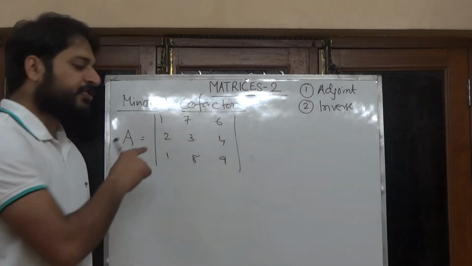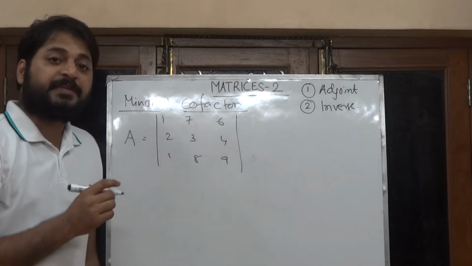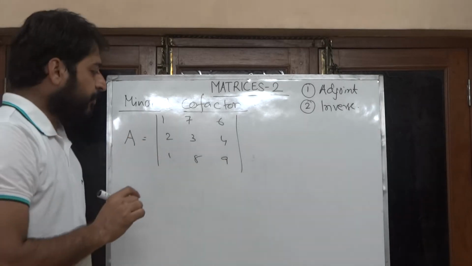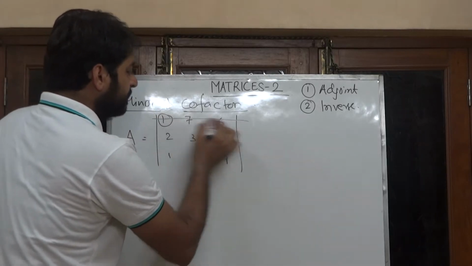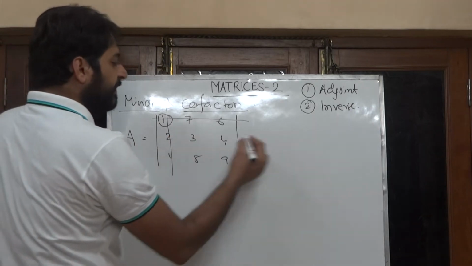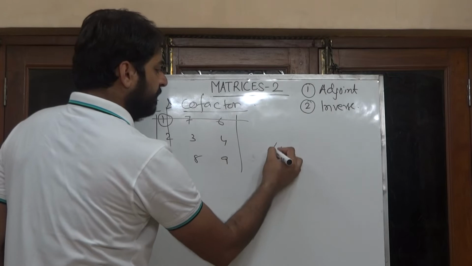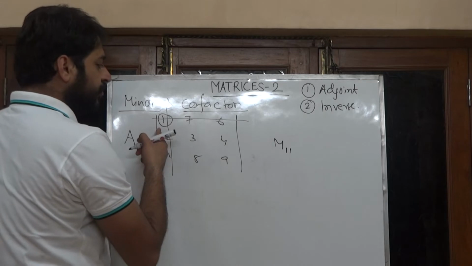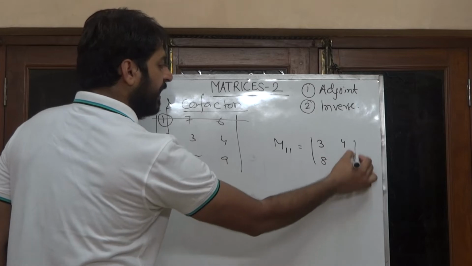Corresponding to each element in this determinant there exists a minor, which is obtained by deleting the row and the column containing that particular element. Suppose I choose this 1. If I omit its row and column, we are left with 3, 4, 8, 9. Then 3, 4, 8, 9 is known as the minor, which is generally represented by capital A11, or let us call it M11, for the first row, first element.